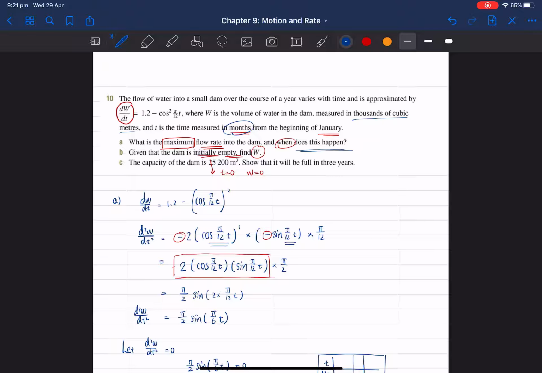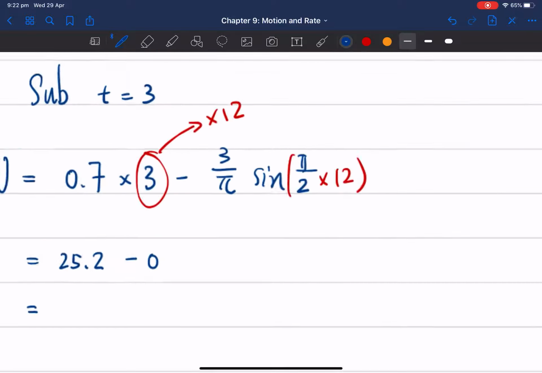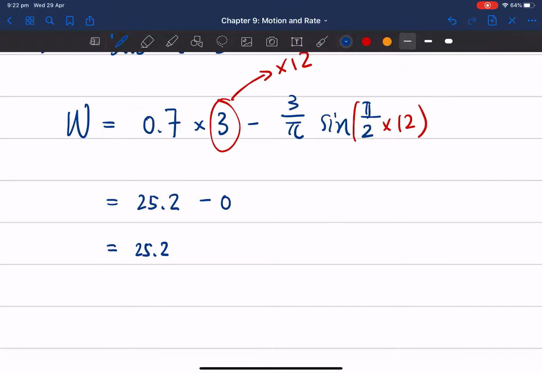So 25.2 times by 1,000 gives you 25,200 cubic meters.